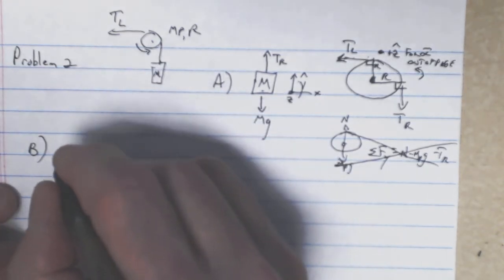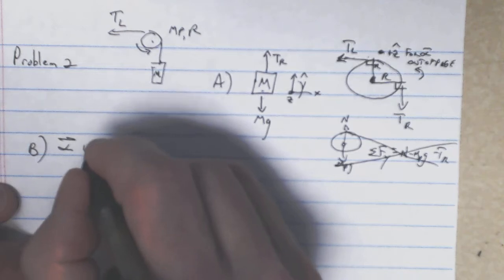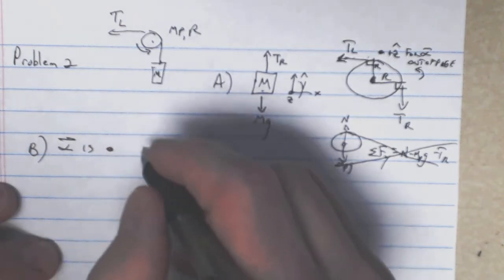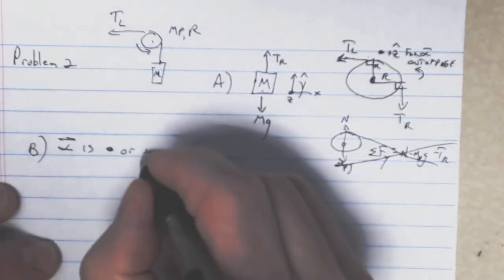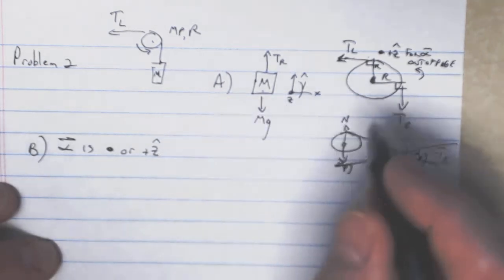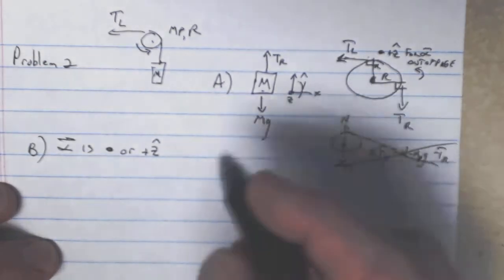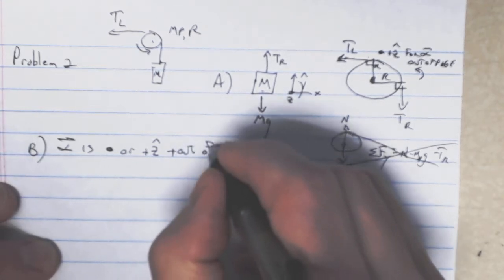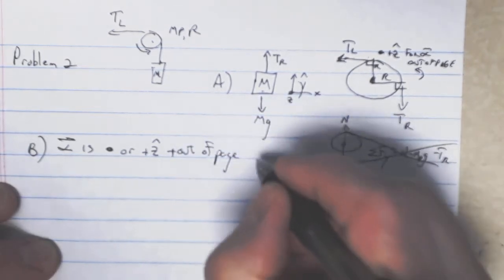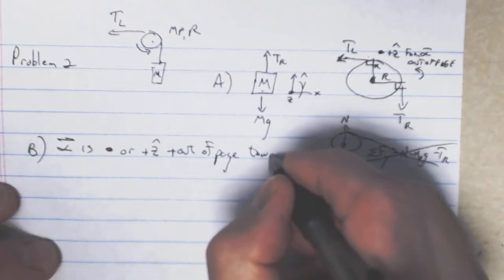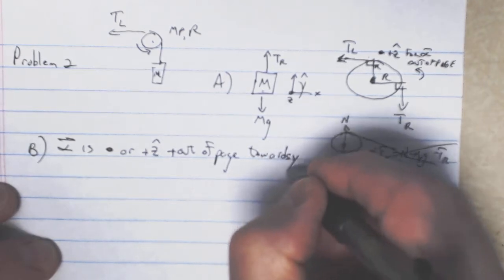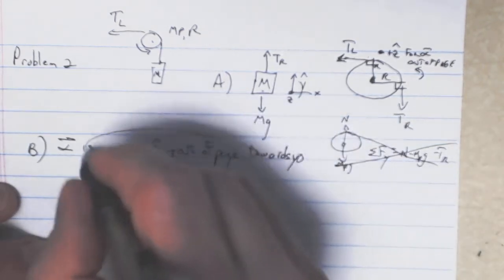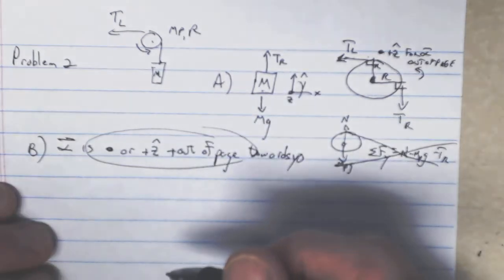So alpha is out of the page towards you, or plus Z hat with the coordinate system I defined here, or just say out of the page. And add towards you if you want. And any of these should work and earn you full credit.